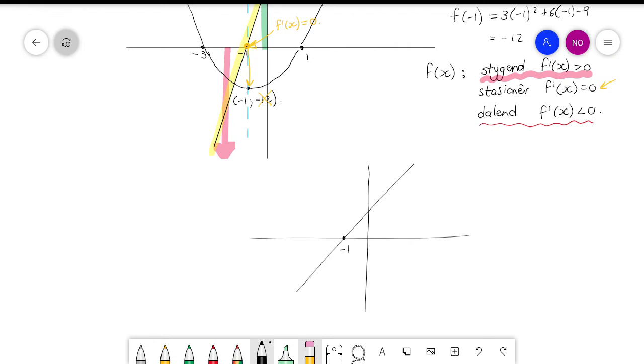From that, you know, if this is the graph for the first derivative, that means that this one will have a turning point at x is equal to -1. It will be descending for x smaller than -1, and it will be ascending for x bigger than -1.